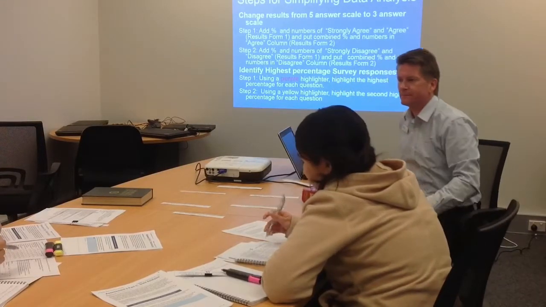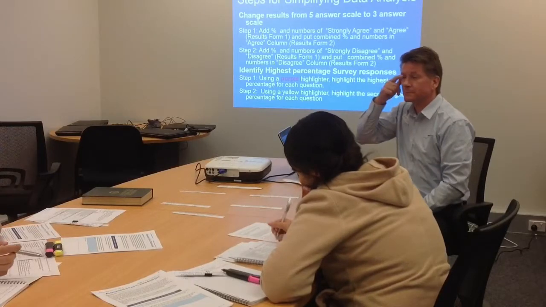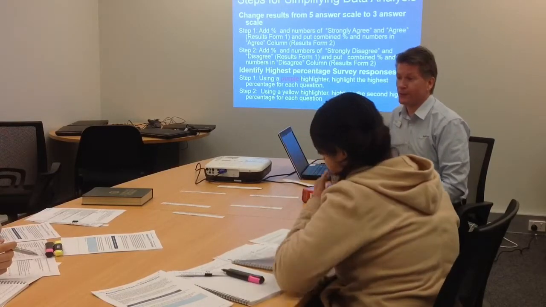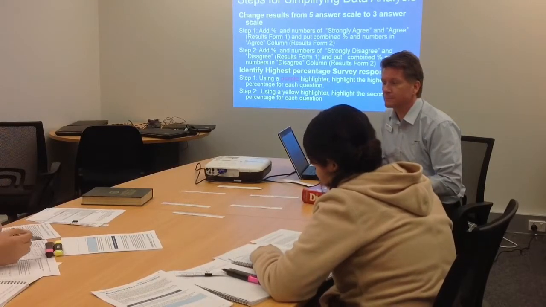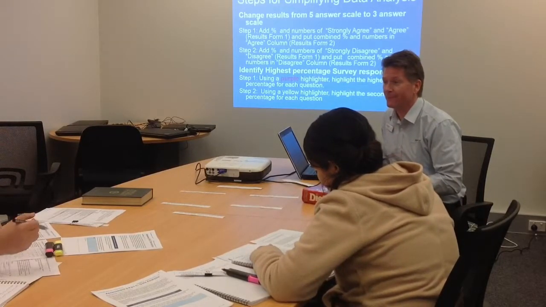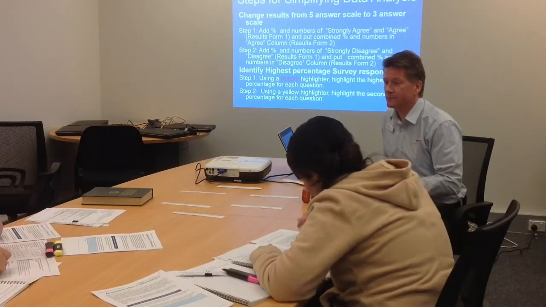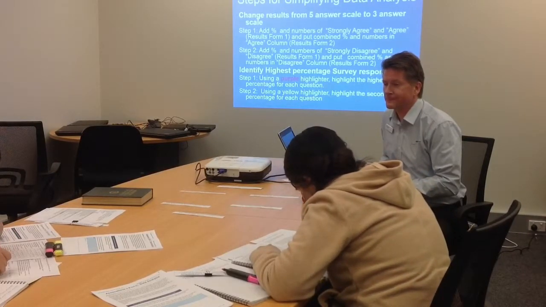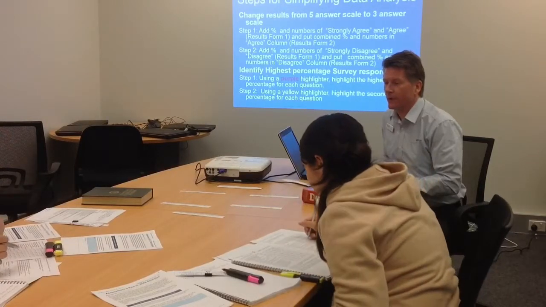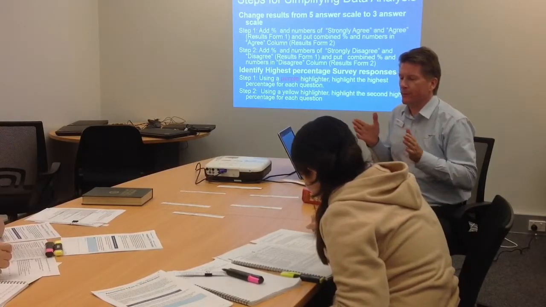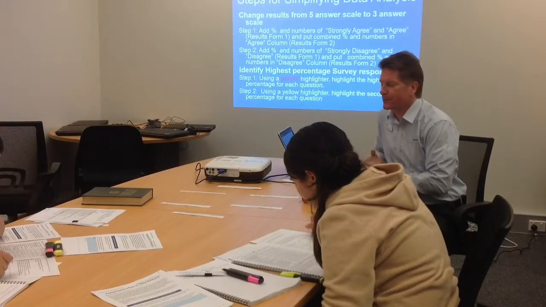So it'll be 6 plus 12 and then 38 plus 24. For the first one, strongly agree is 6% and normal agree is 12%. So 18%. We're going to leave neutral alone, we're just adding the percentages.